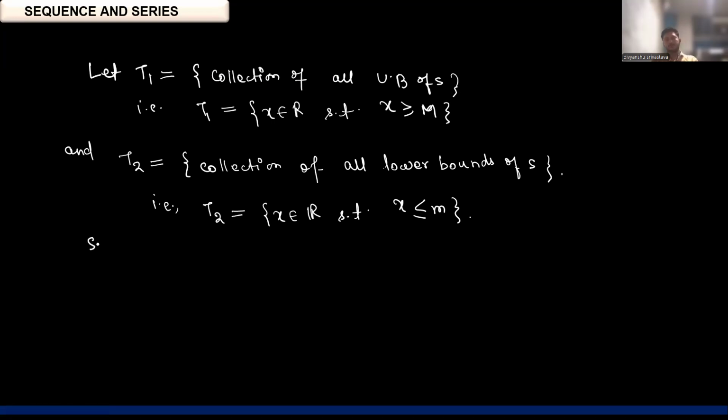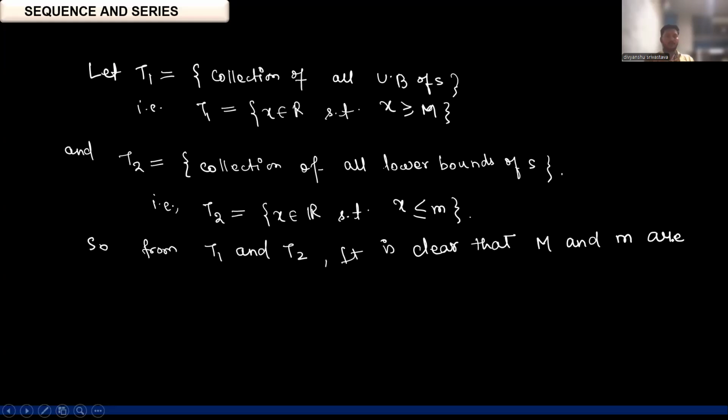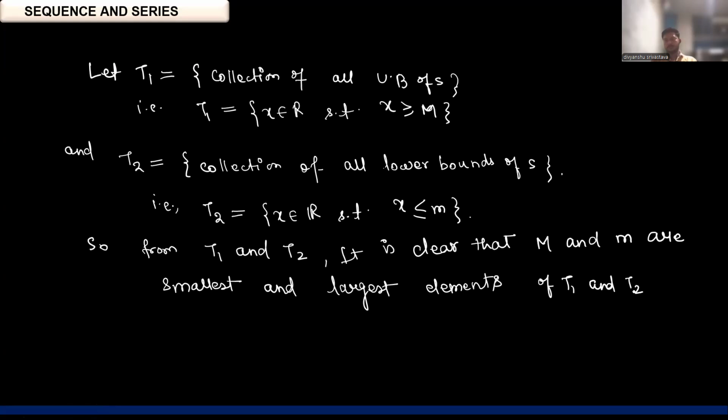Okay, so from T1 and T2, it is clear that capital M and small m are the smallest and the largest elements of T1 and T2 respectively, and hence they are unique.